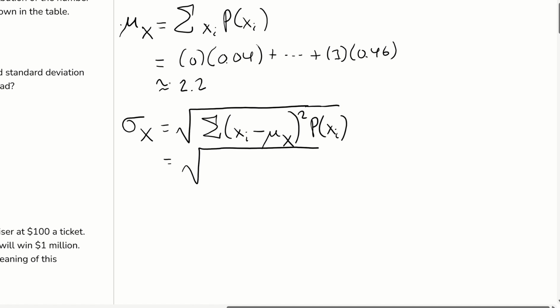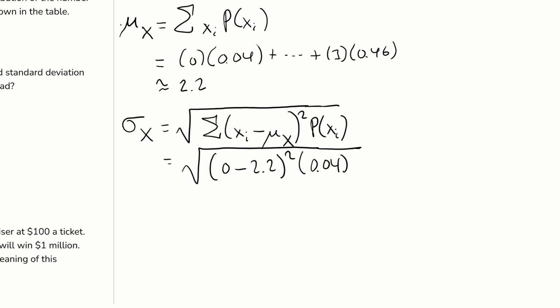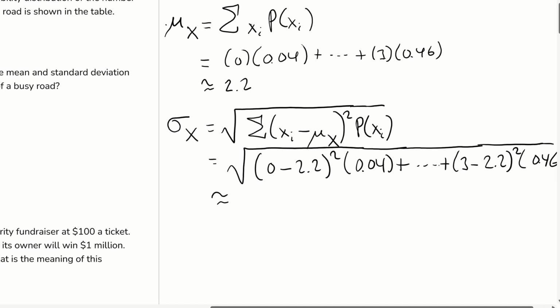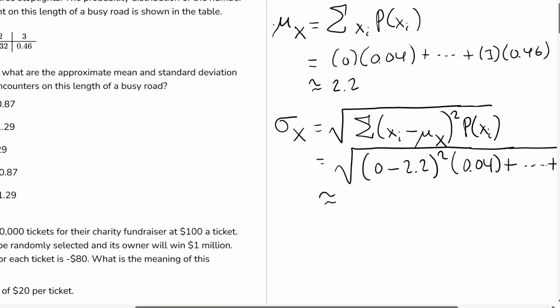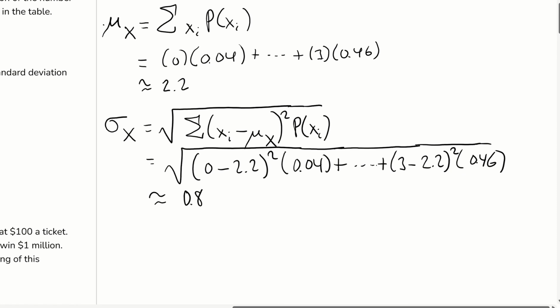So then if I use that value here, I get (0 minus 2.2) squared, so the x value of 0 minus 2.2, times the probability of that, 0.04, plus dot dot dot all the way to the last x value, which is (3 minus 2.2) squared times the probability of 0.46. And then when we do that, we should get a value of around 0.87. So let's plug this into the calculator and see if we can get those values.